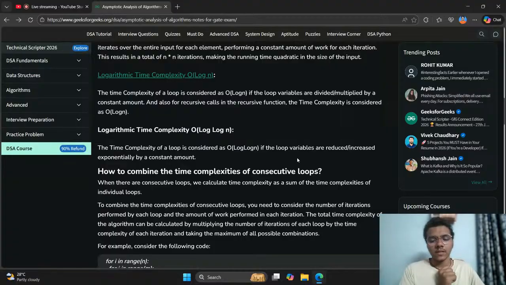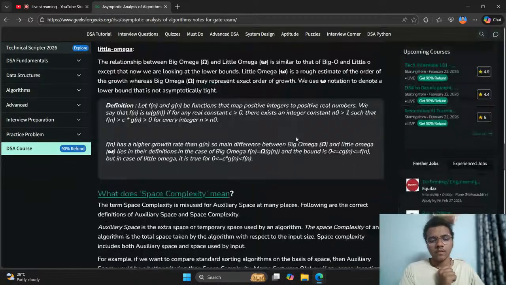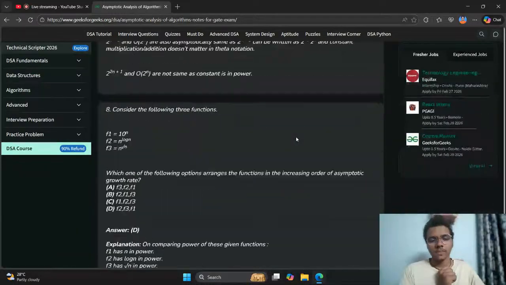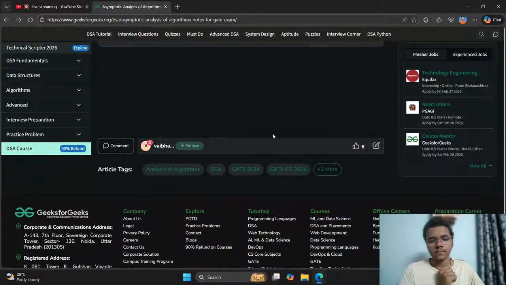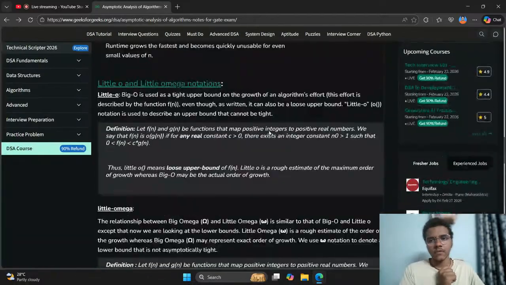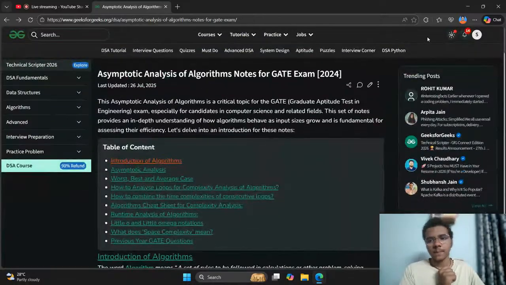So should I report this one? The quality of the article is not good. How to report it?